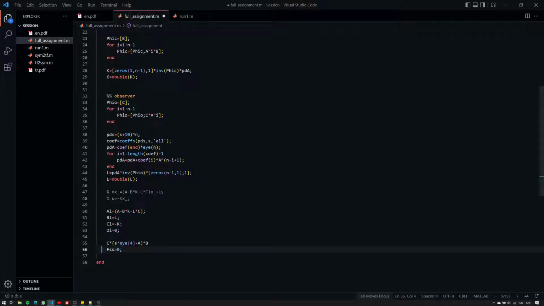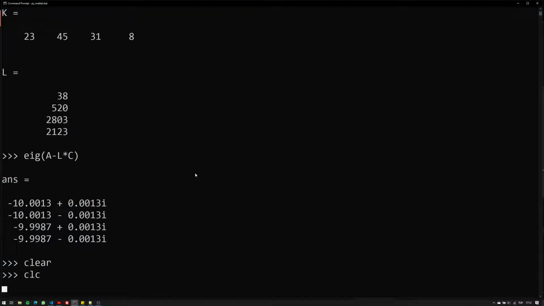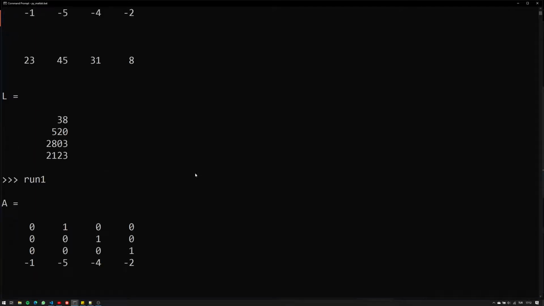So that would be basically the definition that we look for. Of course, these should be CL, AL, and BL. And if you define these, DL is equal to 0, you should be good to go. Now let's see if we are on the right track.